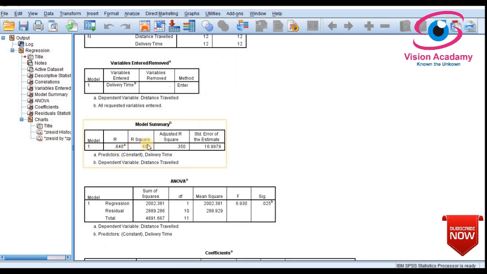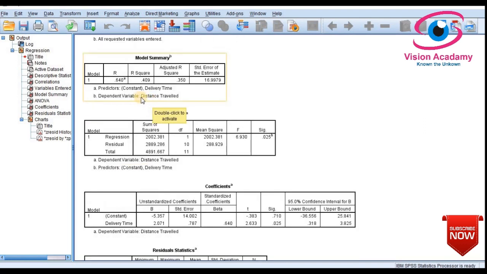Okay, so R square, what is this R square? It is the proportion of variance in the dependent variable, that means distance traveled, which can be predicted from the independent variable, that means delivery time. So in this case, distance traveled is affecting almost 40.9% of delivery time.